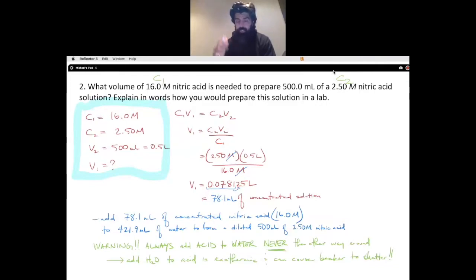Now, this is how much of this highly concentrated acid I am going to pull. Look at how little it is, 78.1 milliliters of it. But the solution that I want to prepare for my class needs to be a total. Understand that this is the entire solution.